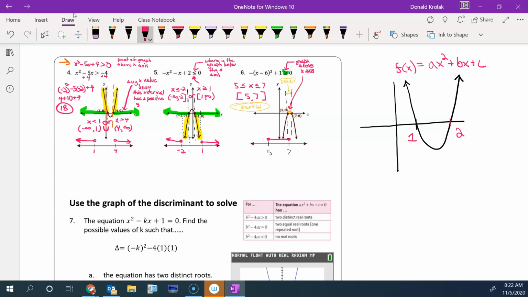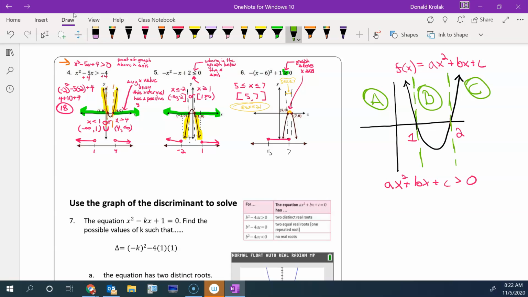Then what we learned how to do was, if we wanted to know when this graph is greater than 0, in what intervals. When we talk about intervals, guys, when I put in the two x-intercepts, it divides the graph into 3 sections: a section to the left of 1, a section between 1 and 2, and a section to the right of 2.